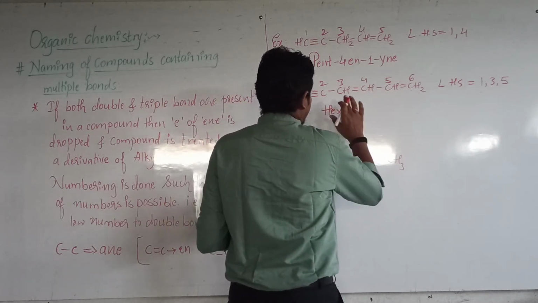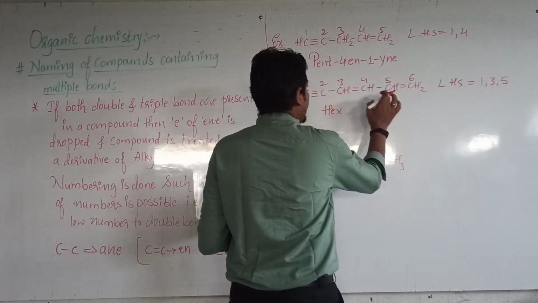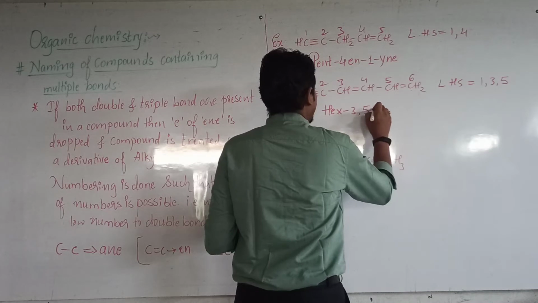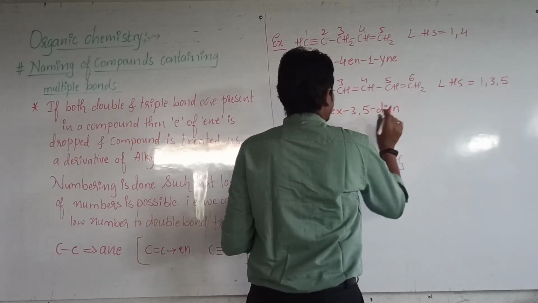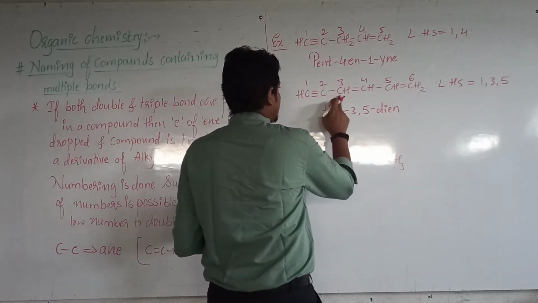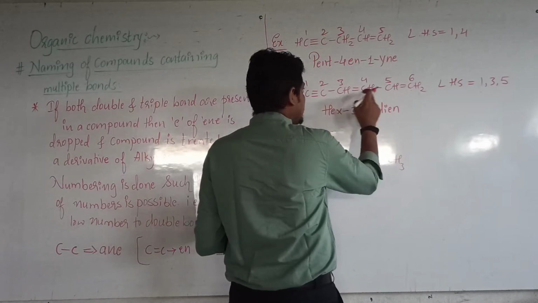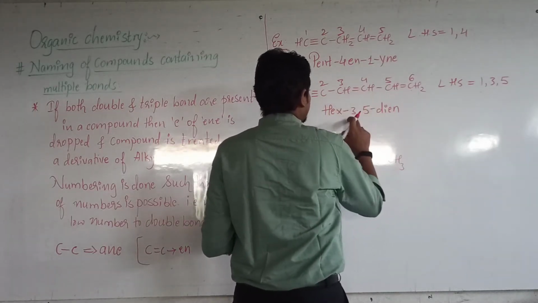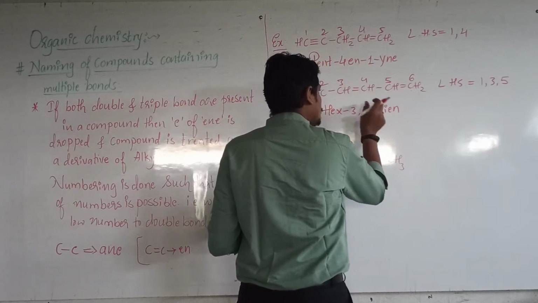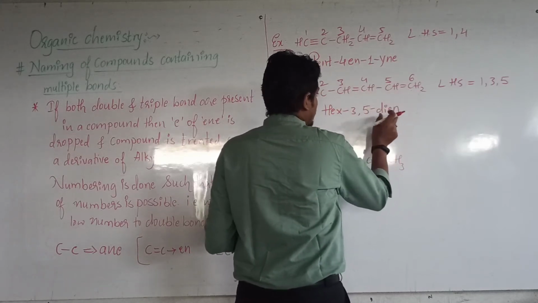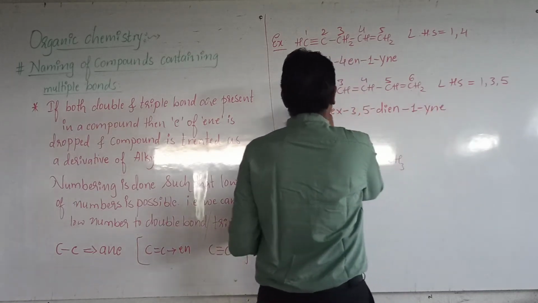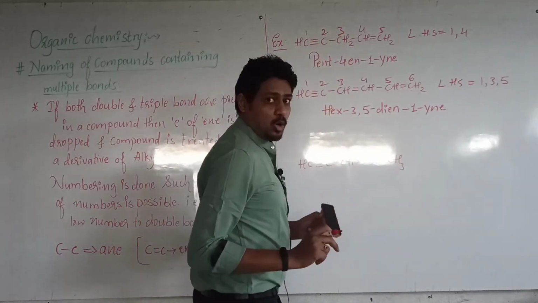Then the double bonds are present at the 3rd carbon atom and 5th carbon atom, so hex-3,5-diene. Di refers to the double bond coming 2 times. Then hyphen 1-yne. The first carbon atom is involved in the triple bond.